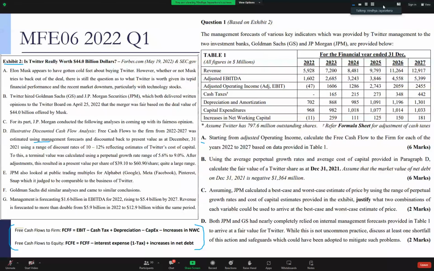And when you look at the management forecast, management is forecasting 1.6 billion EBITDA for 2022, right? And 5.4 billion by 2027. 1.6 billion to 5.4 billion. And it's forecasting revenue to more than double from 5.9 billion to 12.9 billion.